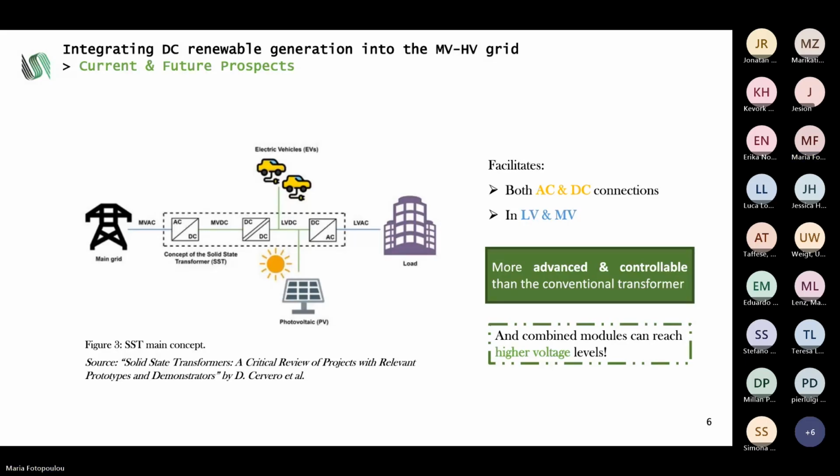Therefore, unlike the conventional transformer, the SST can facilitate the connection of both AC and DC in both low voltage and medium voltage levels. So the SST is more advanced and controllable than the conventional transformer. And of course, if you combine such modules, you can reach even higher voltage levels.